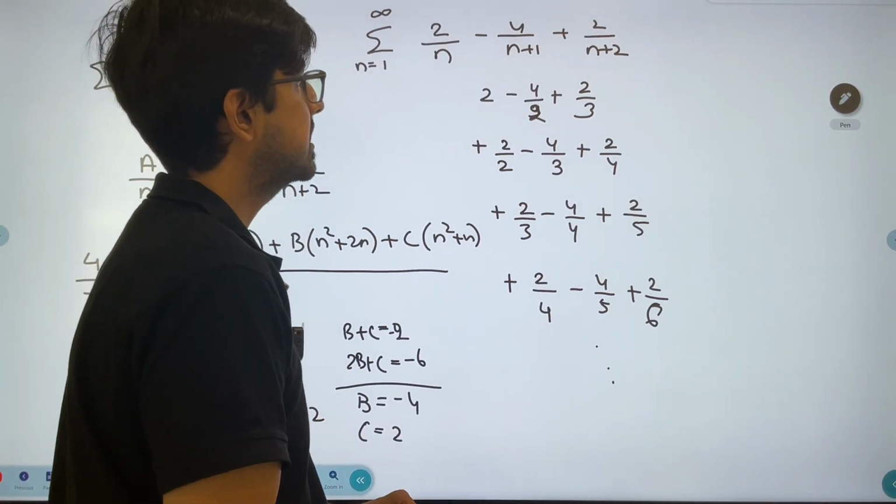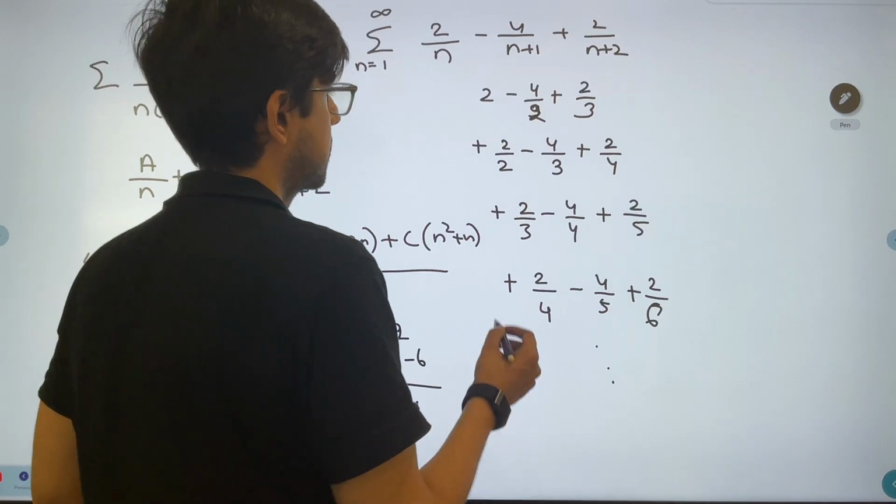Let's try observing if there is any pattern that we can spot here.